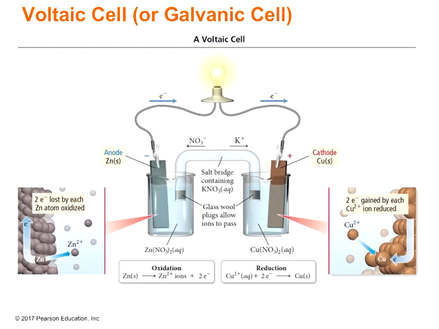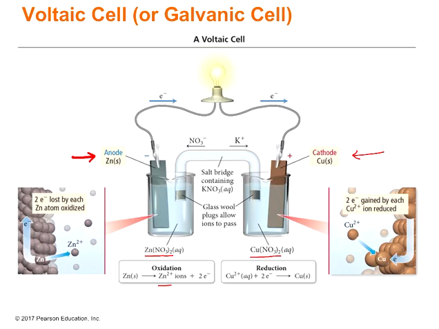We're going to put zinc in its own beaker, and we're actually going to place that zinc metal in a solution of zinc nitrate. So not only do we have pure zinc, we also have Zn2+ ions present in that beaker. Then in the other beaker, we're going to place pure copper in a solution of copper nitrate. So we have pure neutral copper and Cu2+ ions.